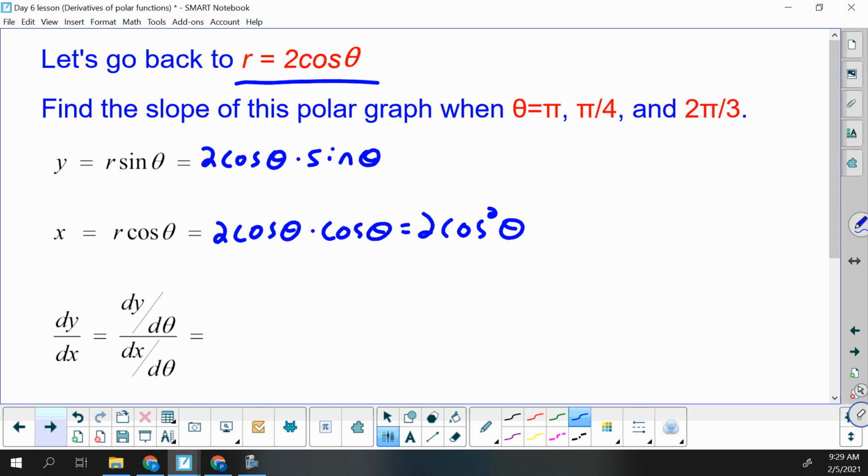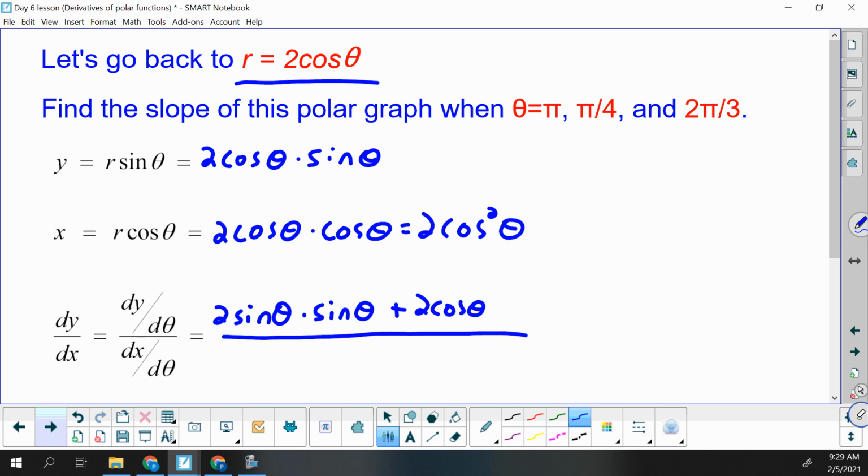Well, now let's do the derivative of the y part and the derivative of the x part. For the derivative of the y part, do the derivative of your first thing. The derivative of 2 cos theta will be negative 2 sine theta times the regular sine theta. Then plus the regular radius, so regular 2 cos theta, times the derivative of sine, which is just cos theta. In the denominator, we've got 2 cos squared theta when we neaten it up, so we'll just do a chain rule for that.